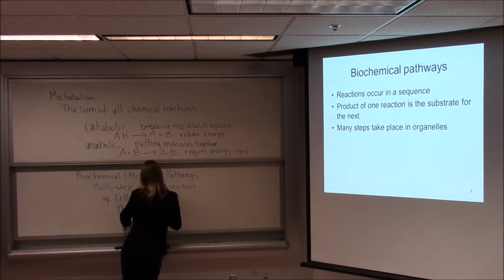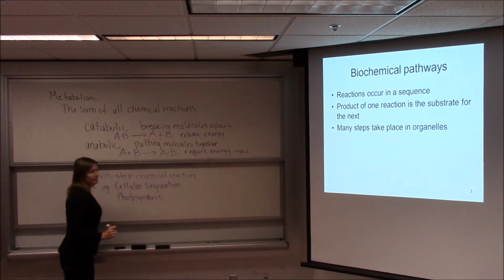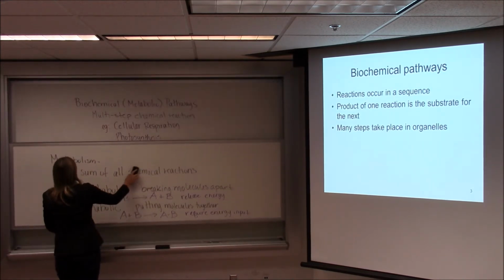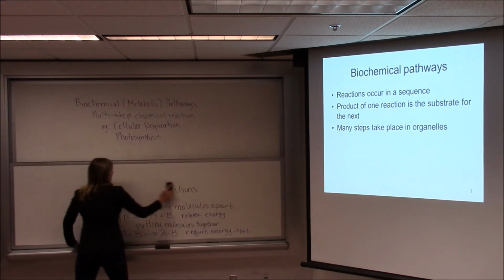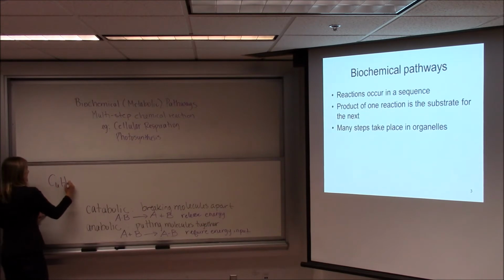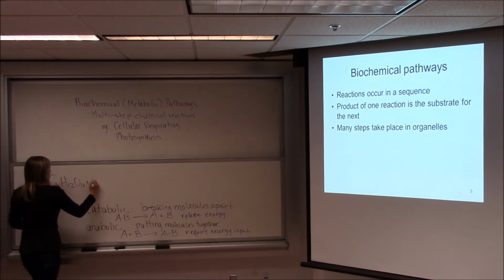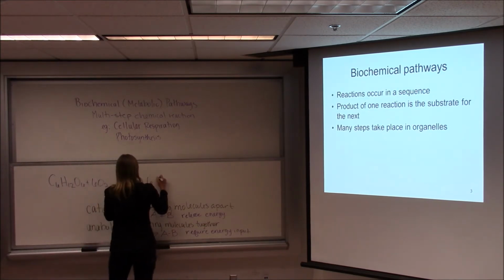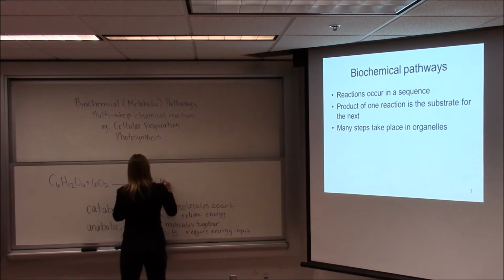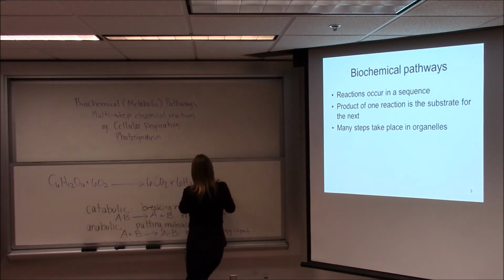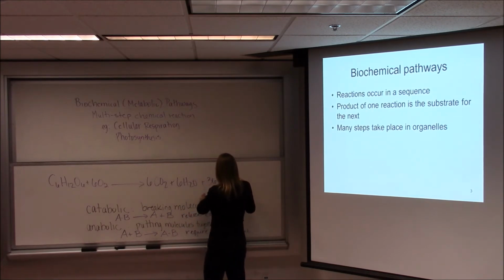So when we write the general formula for cellular respiration, which we've written a lot of times now, remember the general formula for cellular respiration is glucose plus oxygen breaking down to form carbon dioxide and water. And then ultimately 36 to 38 ATP.